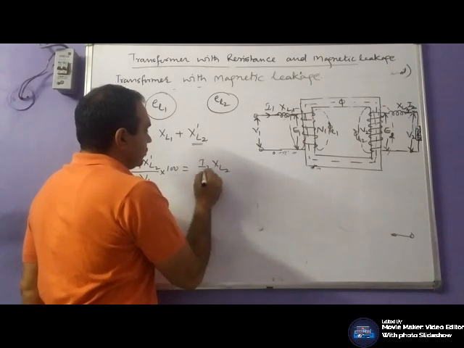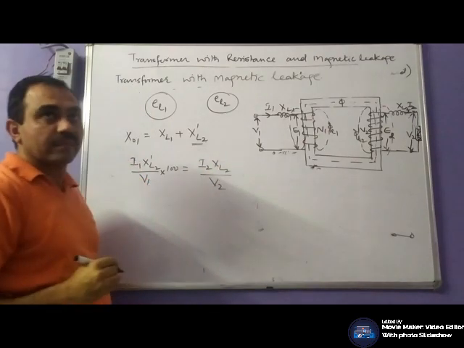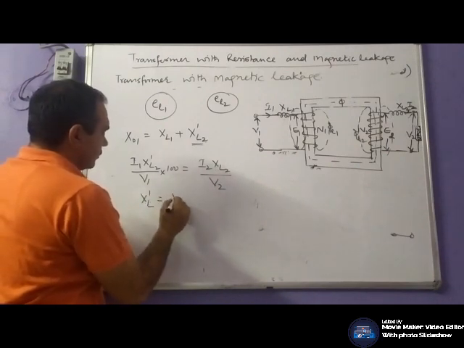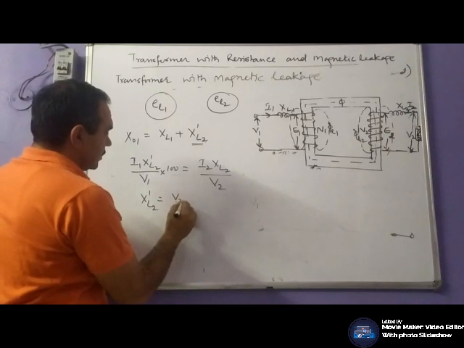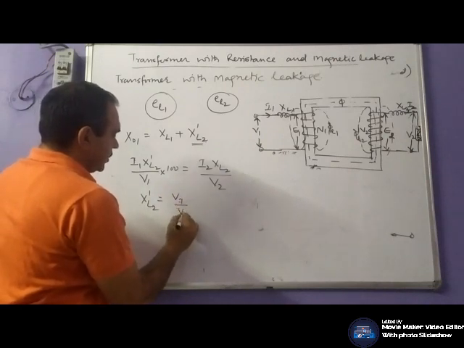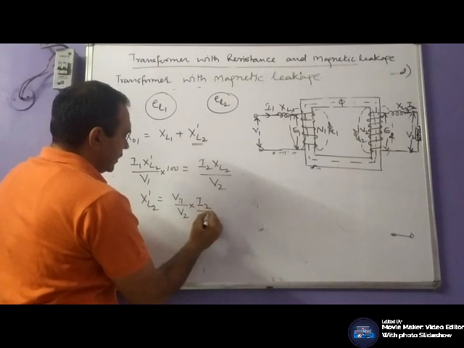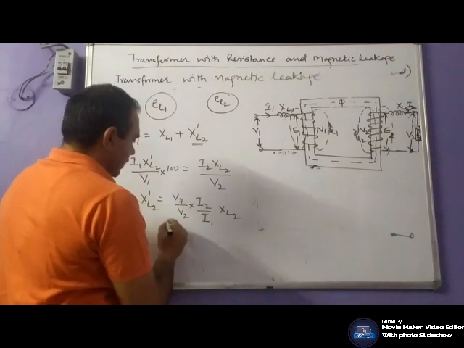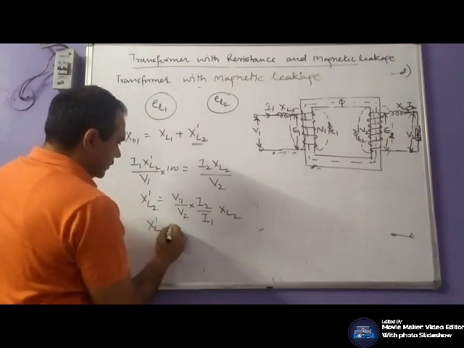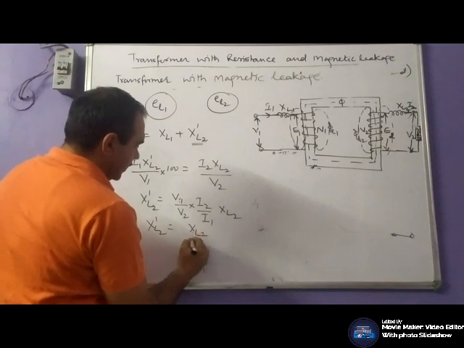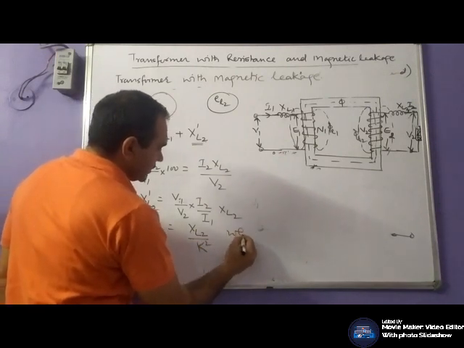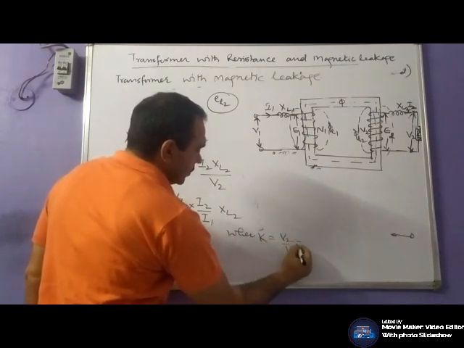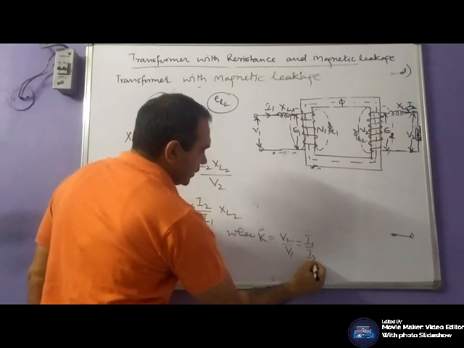I2 XL2 by V2. So XL2 dash would be equal to V1 by V2, I2 by I1, XL2, or this will be XL2 by K square, where K is V2 by V1 or I1 by I2.